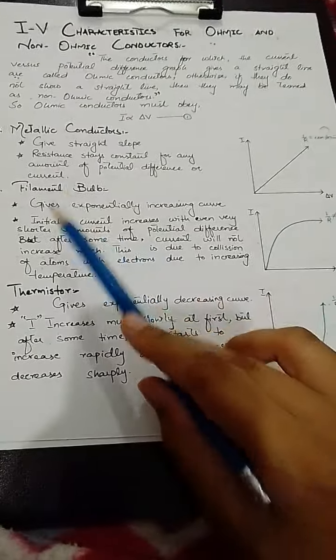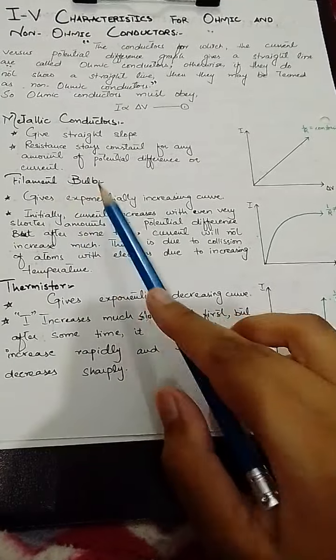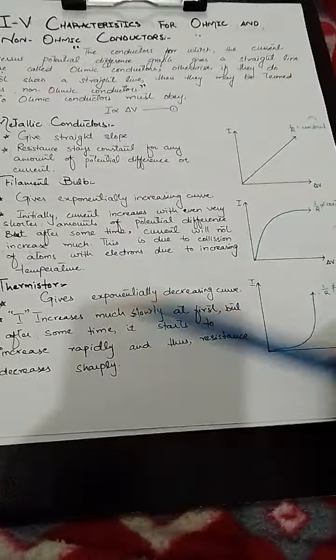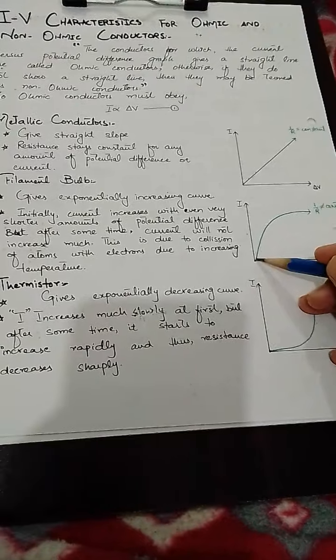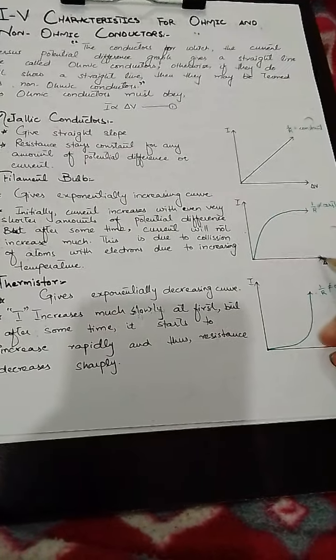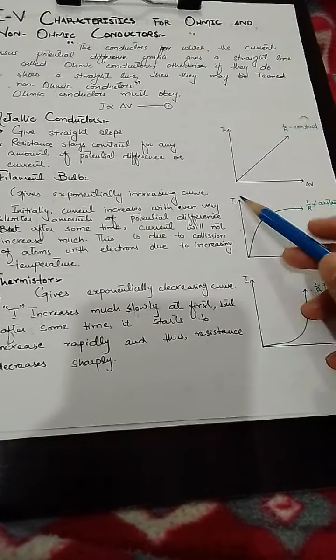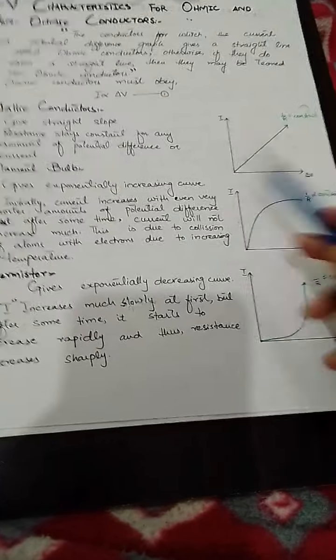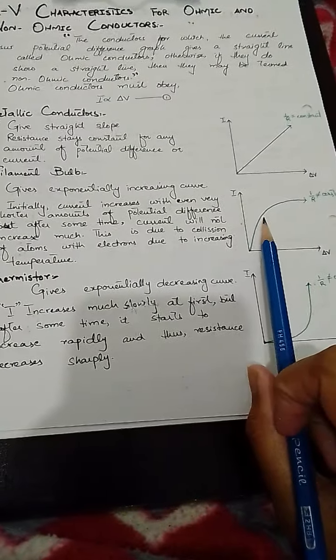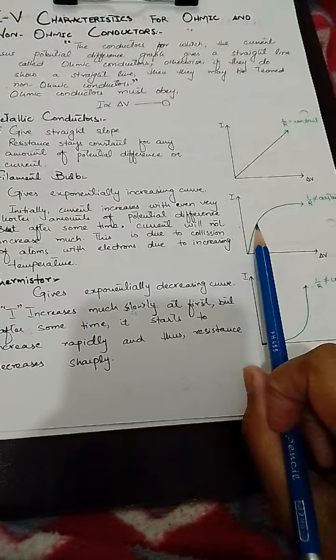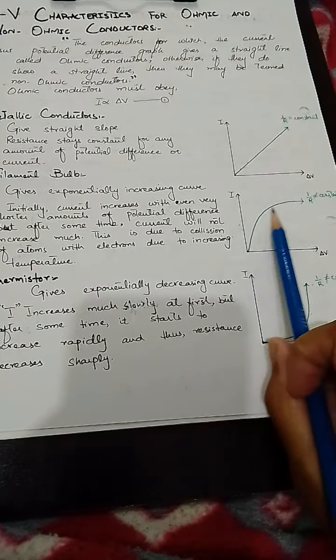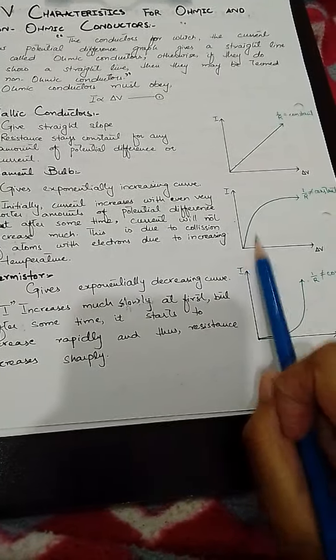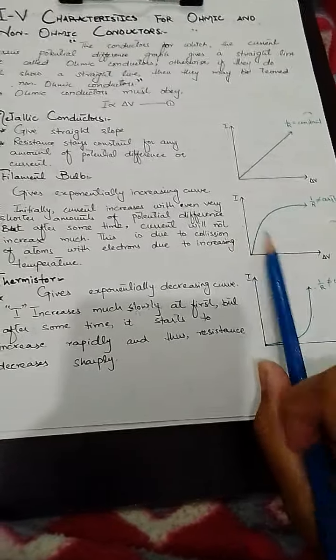So in the case of a filament, we get an exponential curve whenever we perform an experiment to measure its resistance value across the potential difference applied or the current applied. Whenever we take such kind of experiments, we see that this kind of graph is usually observed during the calculations.